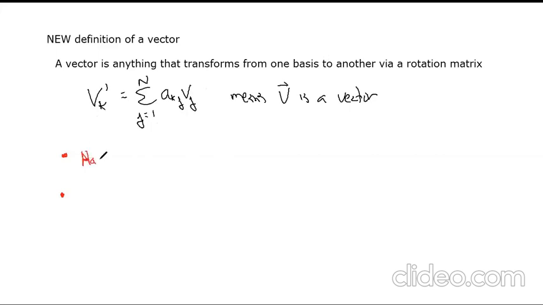So something that has direction and magnitude, just a point on a number line, right? Or would that count as a vector under our old definition too? It depends on how you made it.